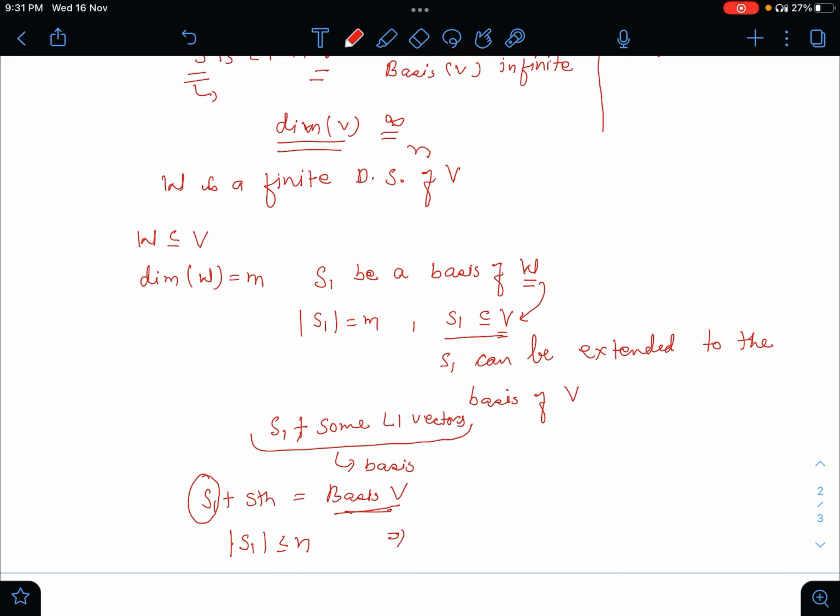That means dimension of W, which is equal to the cardinality of basis S1, is less than or equal to n. So we have proved that dimension of W is less than or equal to n.